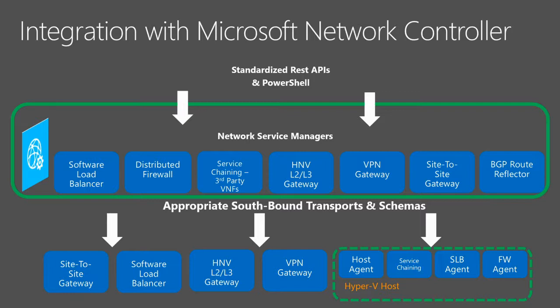If you take the example of a gateway, all the configuration is done through WMI, so the network controller would make WMI calls to configure the gateway. Now, for the SLB and the firewall, we have agents in the Hyper-V host itself that need to be configured so that those network functions can work properly. That configuration is also done by the network controller. So the entire management and configuration is managed by the network controller.